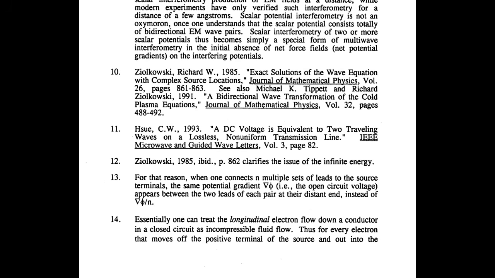Essentially, one can treat the longitudinal electron flow down a conductor in a closed circuit as incompressible fluid flow. Thus, for every electron that moves off the positive terminal of the source and out into the external circuit, a return electron is driven into the negative terminal and up against the back EMF of the source.